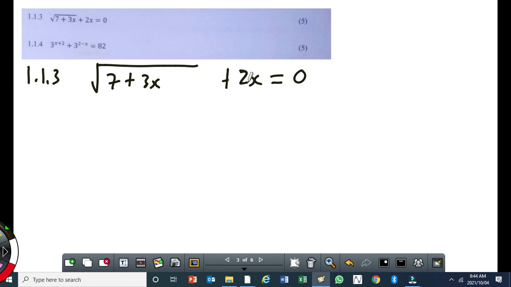It looks scary, but it's not. First thing, isolate the surd. So square root of 7 plus 3x, that's our surd. We take the 2x to the right, and then you end up having the square root of 7 plus 3x equal to minus 2x.